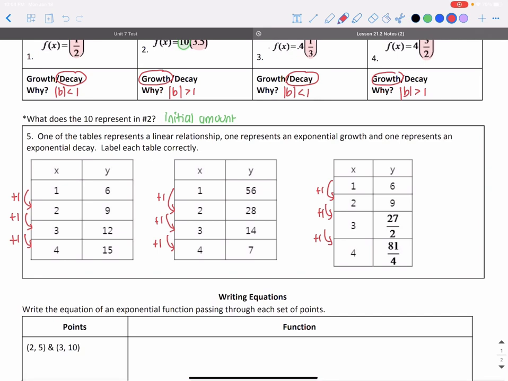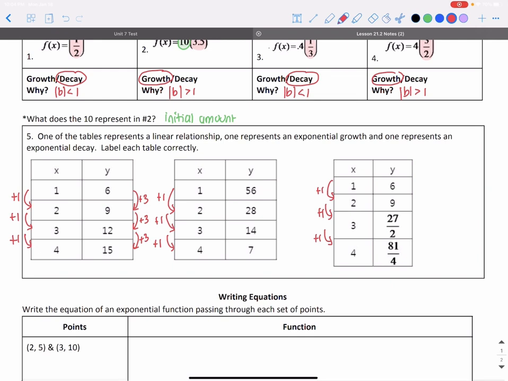For my y's in the first table, I want to look for a pattern between 6 and 9, 9 and 12, and 12 and 15. That pattern is that I'm adding 3 each time as I go from y to y in each ordered pair. So 6 to 9 is adding 3, 9 to 12 is adding 3, 12 to 15 is adding 3.